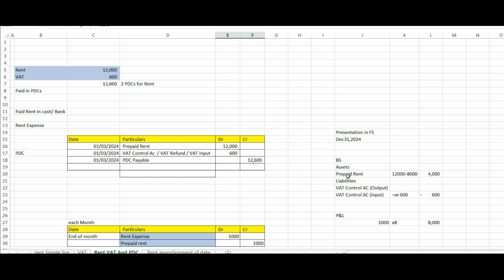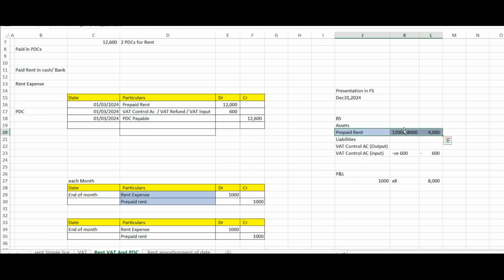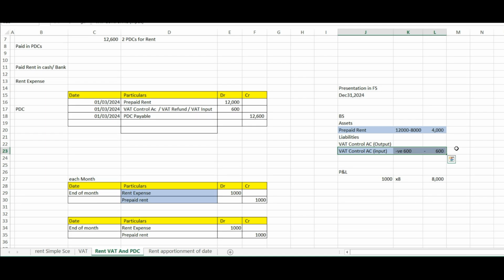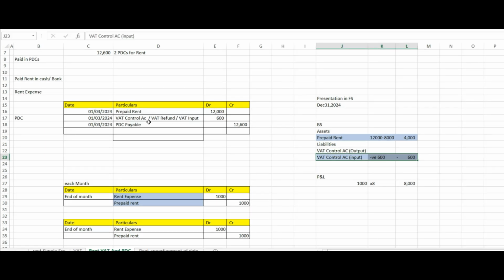Now let's check your financial statements. Prepaid rent will be affected in the same way because 8 months of rent has been consumed from prepaid, so 12,000 minus 8,000 is 4,000. As far as the VAT control account is concerned, you have a negative balance of 600 with respect to the VAT charged on the invoice, assuming that you already received the VAT invoice on 1st of March.